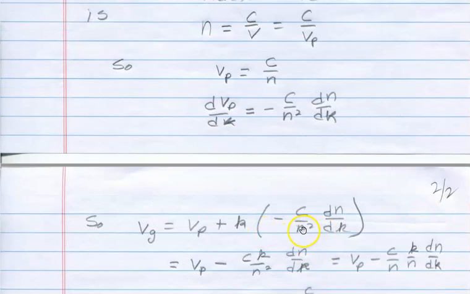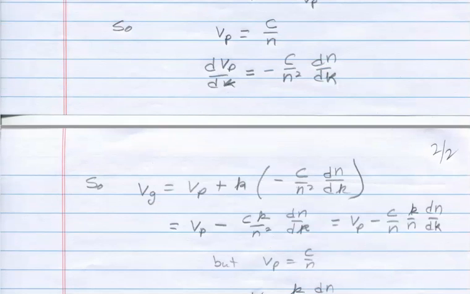You get this expression. And then you can manipulate that a little bit. The minus sign can come out front, so you have ck over n squared dn dk. And you can rewrite it as c over n, k over n, mainly because we know that the phase velocity is just c over n up here. Okay?